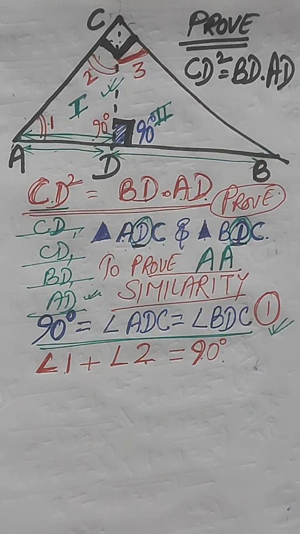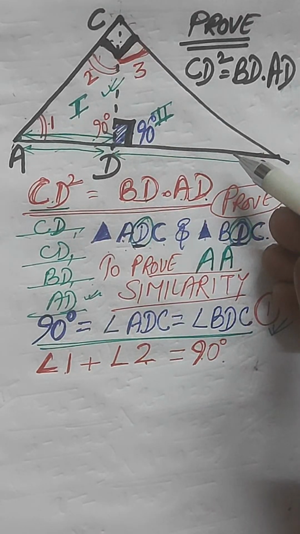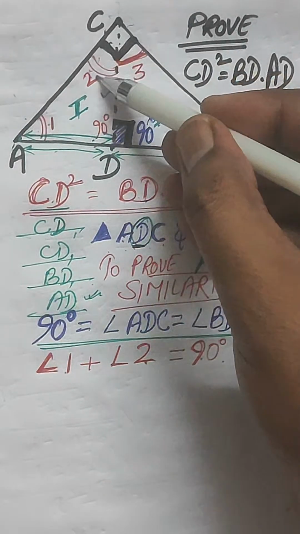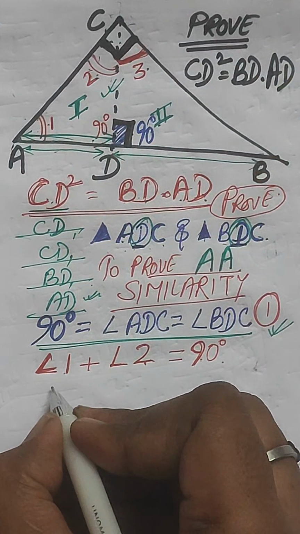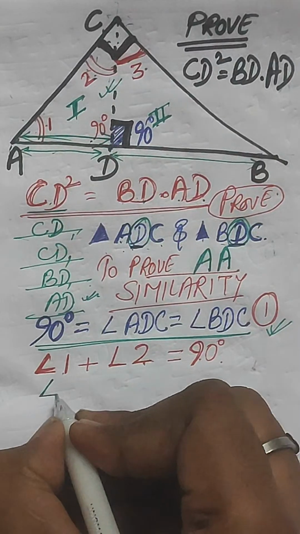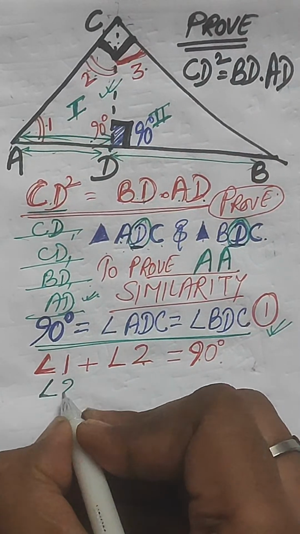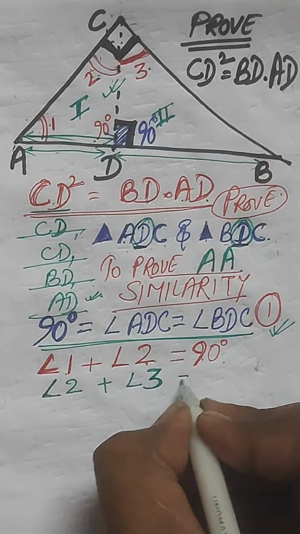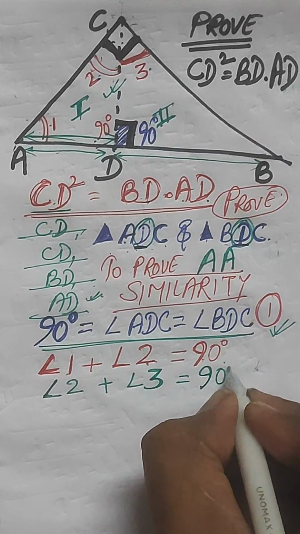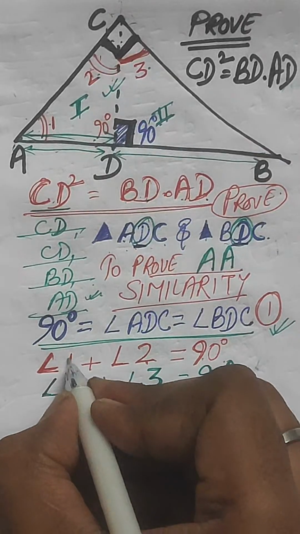This is fine. What is another criteria? If you go to angle C, 2 plus 3 is also equal to 90 degree. So write angle 2 plus angle 3, this is also equal to 90 degree. Any doubt into this? Tell me.